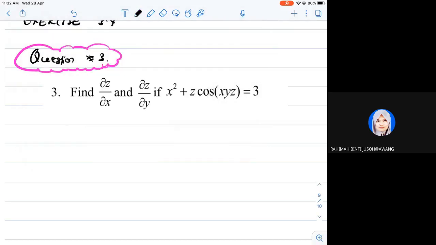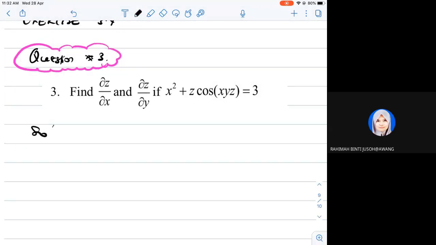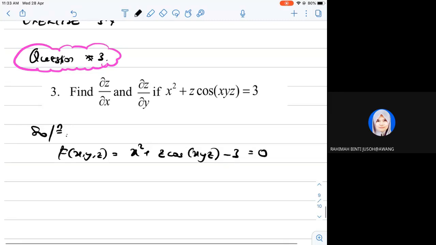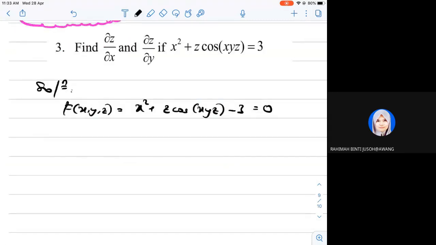Lebih simple dan mudah lah. Okay, solution. Kita let f(x,y,z) equals to x squared plus z cos xyz minus 3, equate this with 0. Okay, so now kita nak cari del z over del x.